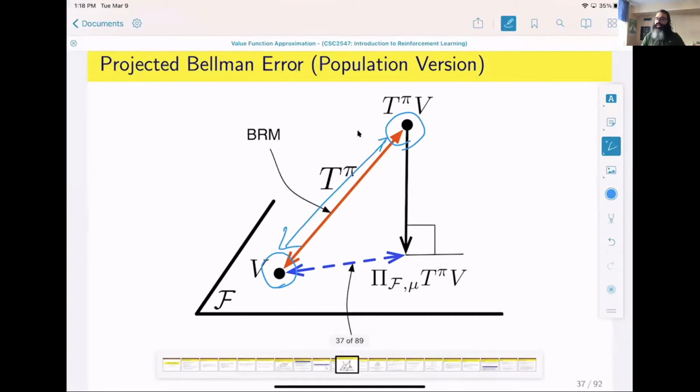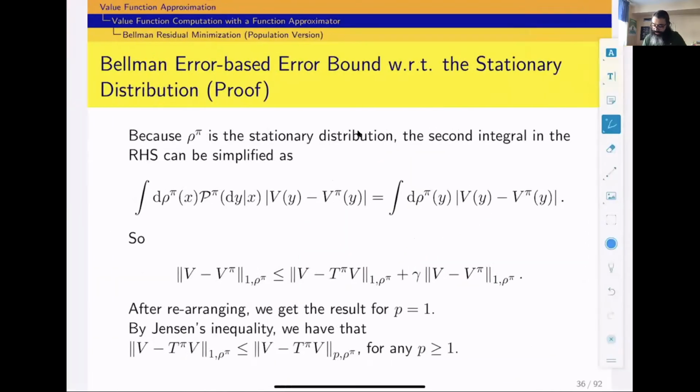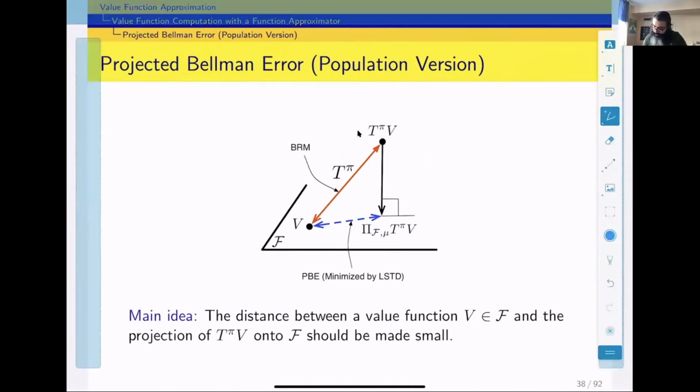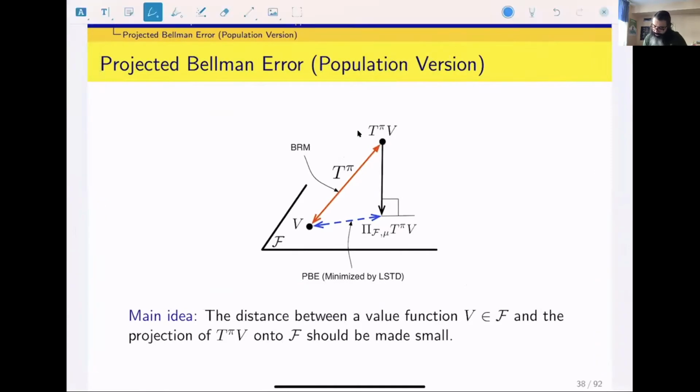The idea of projected Bellman error is a bit different. We start from V, apply the Bellman operator to get T pi V, and then apply the projection operator to get back to this function space. I show it with capital pi with subscript F and mu.